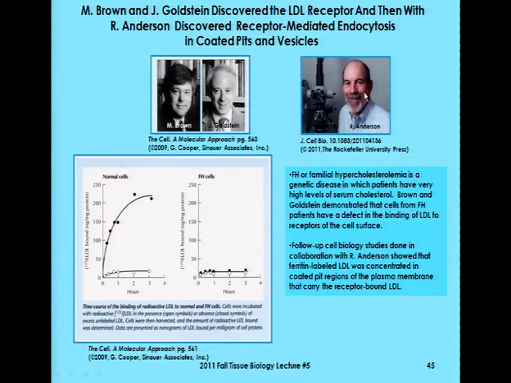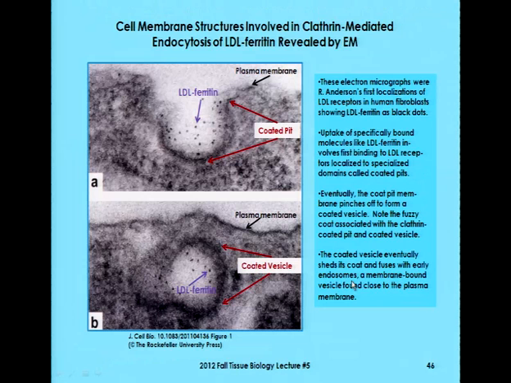Now, in follow-up collaboration with Richard Anderson, he did studies with a ferritin-labeled LDL and found that the ferritin-labeled LDL was concentrated at specific sites of the plasma membrane called coated pit regions. And these are one of the first micrographs of Richard Anderson showing the binding of the LDL ferritin particle to a coated pit region of the plasma membrane.